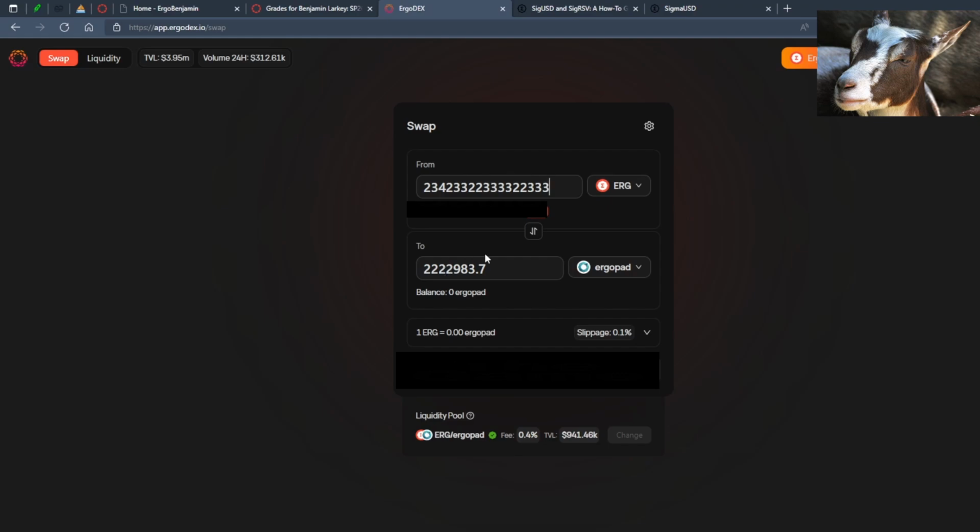Now, here's the thing, right? Even if I had, say, 10,000 Erg, and I was going to deposit 10,000. Now I don't have 10,000 Erg. I'm not one of the lucky few that does. But what would happen is this transaction might take a while to process.